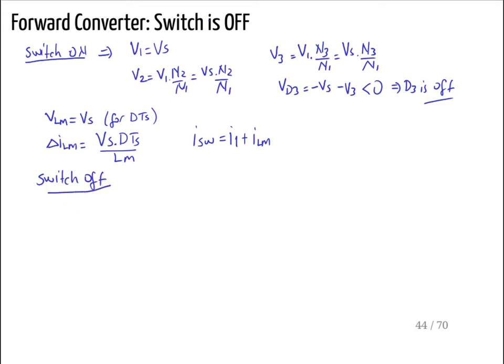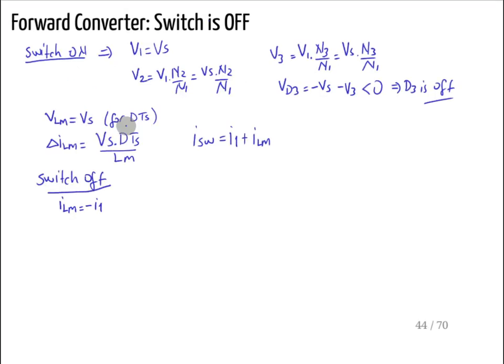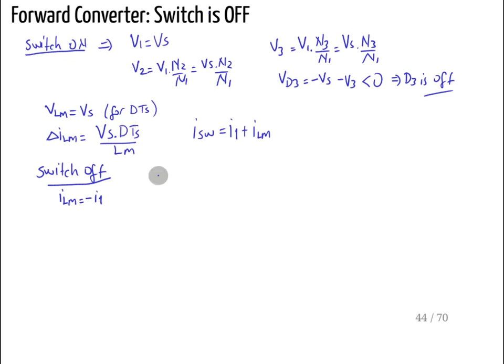During that period, ILM is equal to minus I1, right? The switch is now off, so this is I1, the first winding, and this is the ILM, so it has its own path. So I can write that relation.